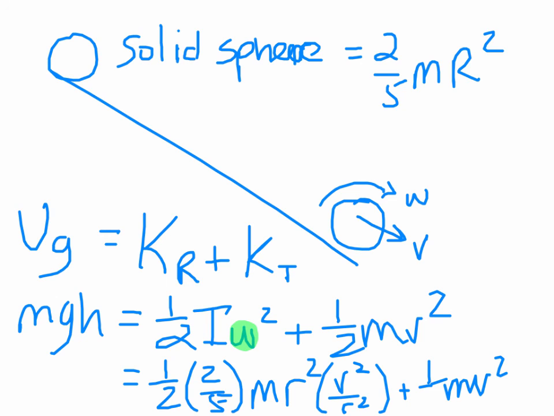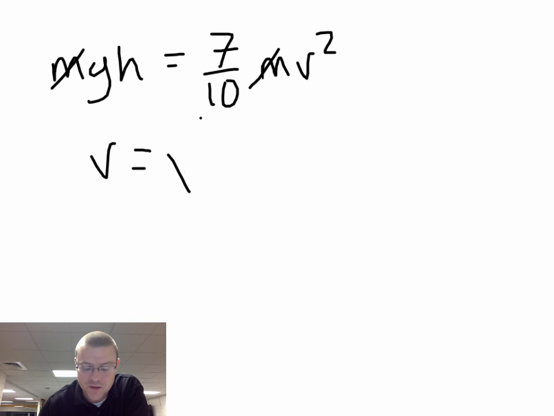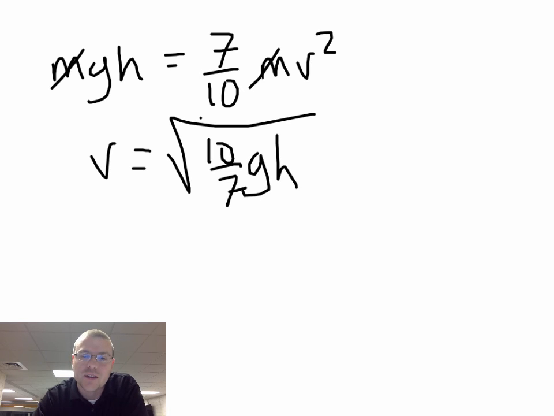The things that will cancel right off the bat are the 2's and the r squareds, and so I'm left with 1/5 mv squared plus 1/2 mv squared. So 1/2 plus 1/5 ends up giving you about 7/10 mv squared. Getting rid of the mass again and solving for v gives you the square root of 10/7 gh. So that's the speed of a bowling ball heading down the ramp while it's rotating and moving in a straight line.